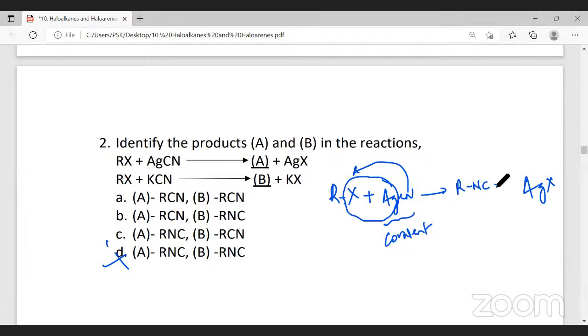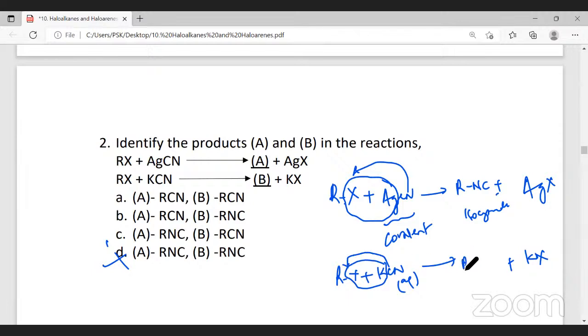Therefore, we get RNC, isocyanides. Now, the same reaction, if we allow it to react with aqueous KCN, K and X get eliminated as KX, and in place of X, carbon gets bonded. So you get RCN, which is nothing but cyanides.